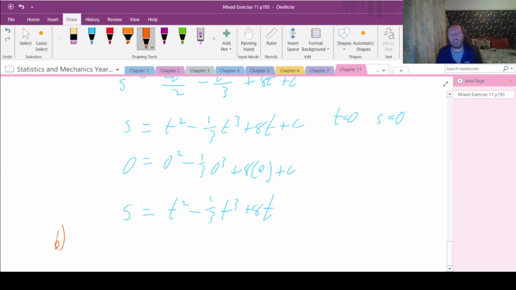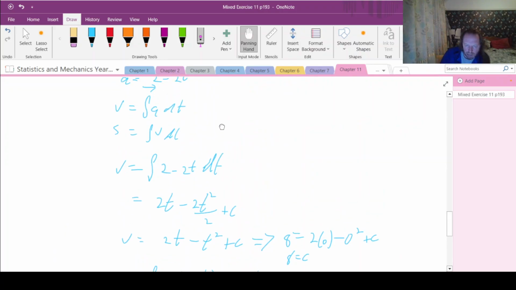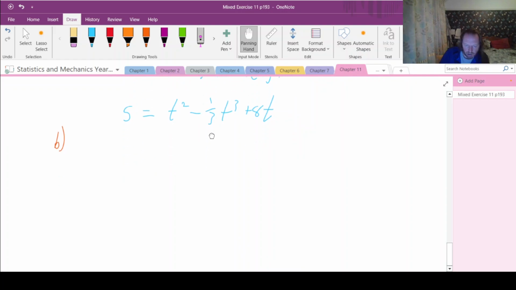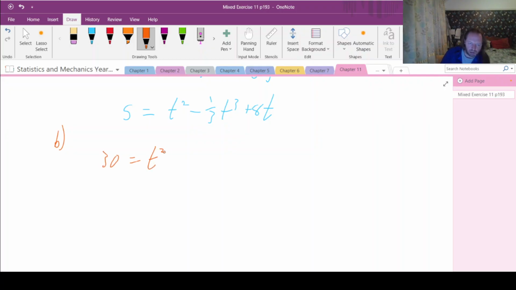Show that P does not reach B. Well, we know that B is 30 meters away. So how many seconds will it take for that to happen? If we've got 30 equals t squared minus a third t cubed plus 8t, presumably this isn't going to have a positive solution.